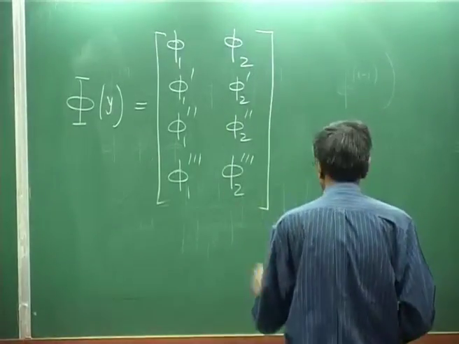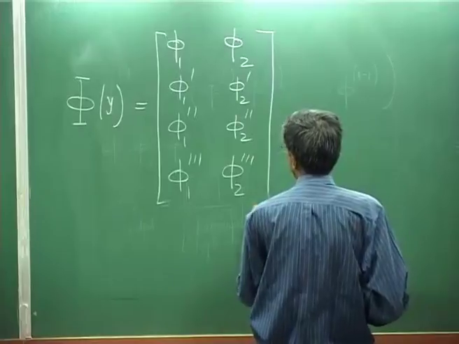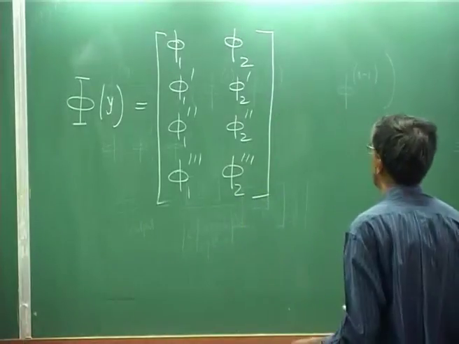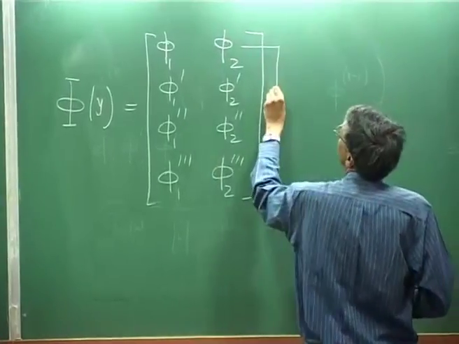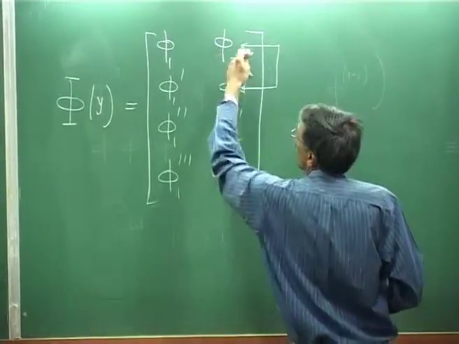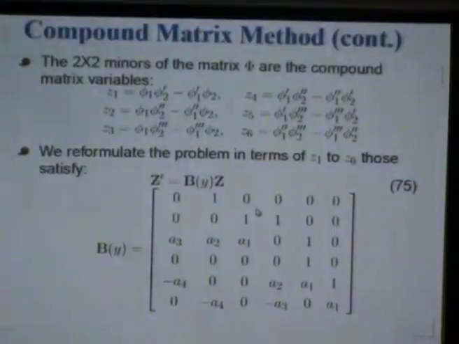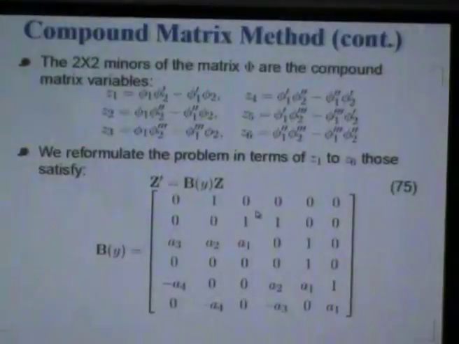This method that we are talking about is called the compound matrix method, and in the compound matrix method we form the compound. Let us say, for example, we take these 2 rows, that will give you this variable z1, phi 1 phi 2 prime minus phi 1 prime phi 2.